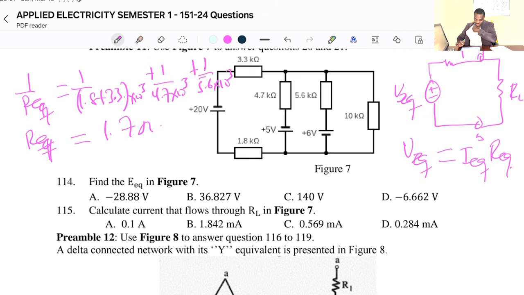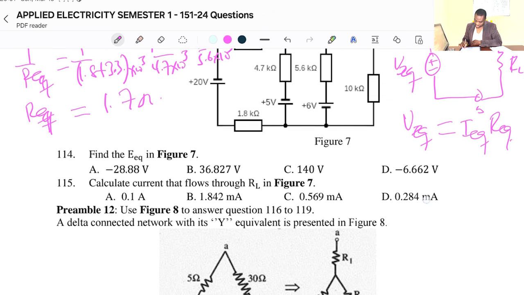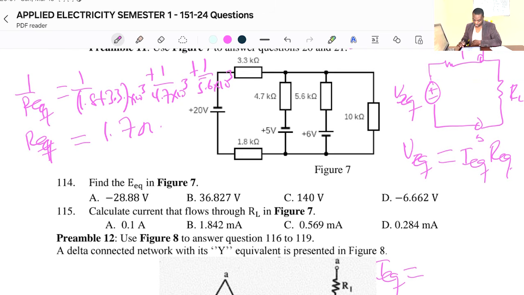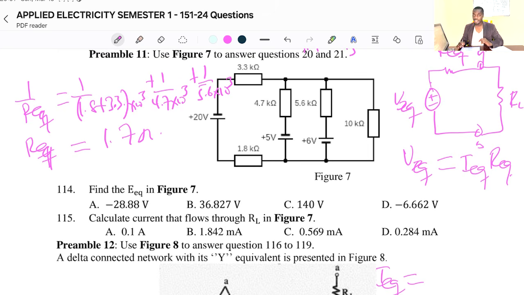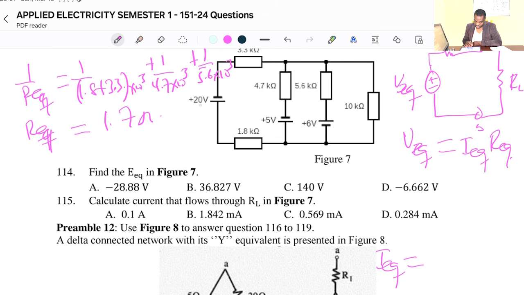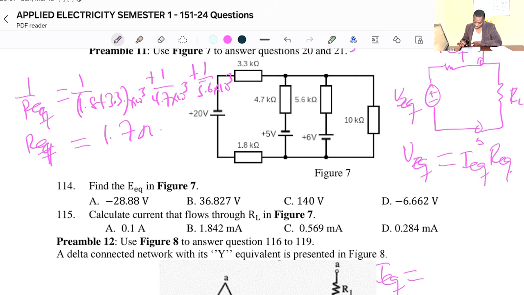With this, I can get the equivalent current. Again, we think about source transformation when it comes to this. For source transformation, we have 20 volts in series with the sum of 1.8 and 3.3 kilo ohms.